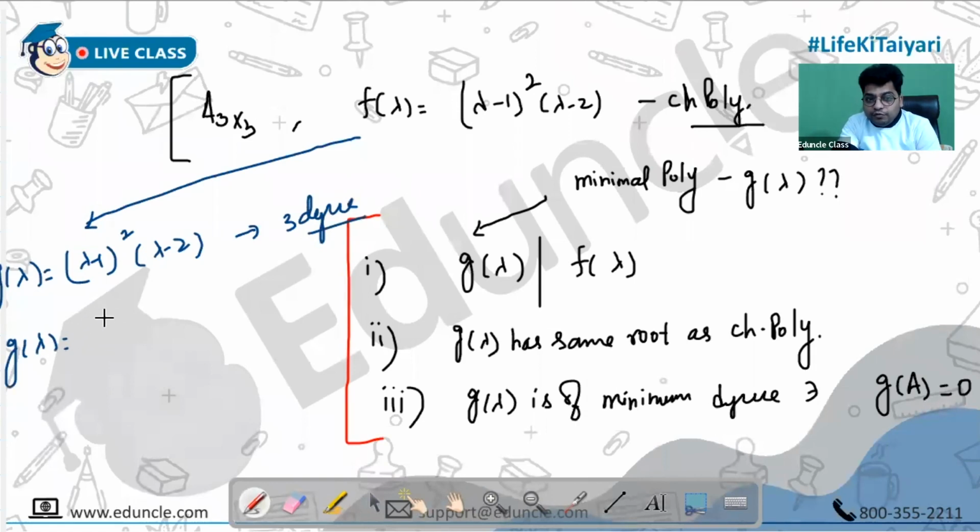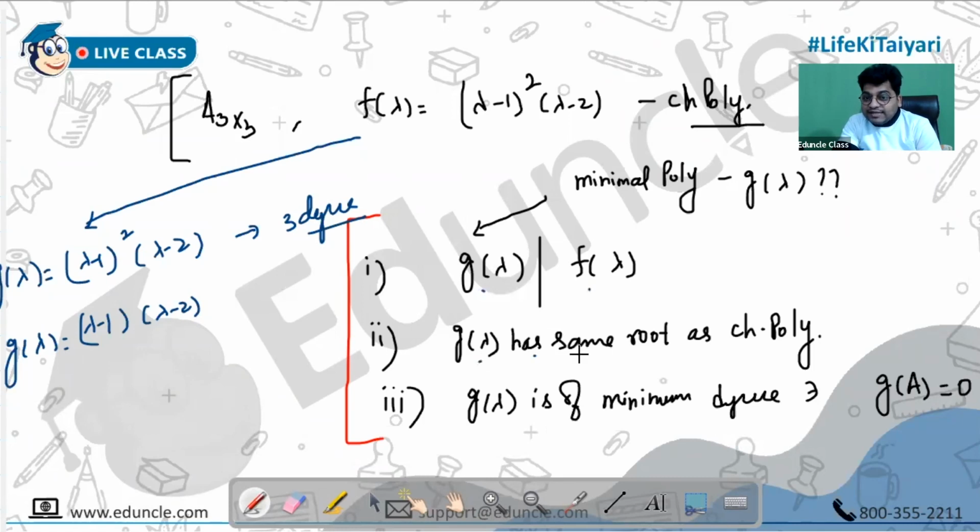What is the possibility of a 2 degree polynomial? Lambda minus 1, lambda minus 2. Can you say that lambda minus 1 whole square is a minimal polynomial? That is not possible. Why? Because we said g lambda divides f lambda.